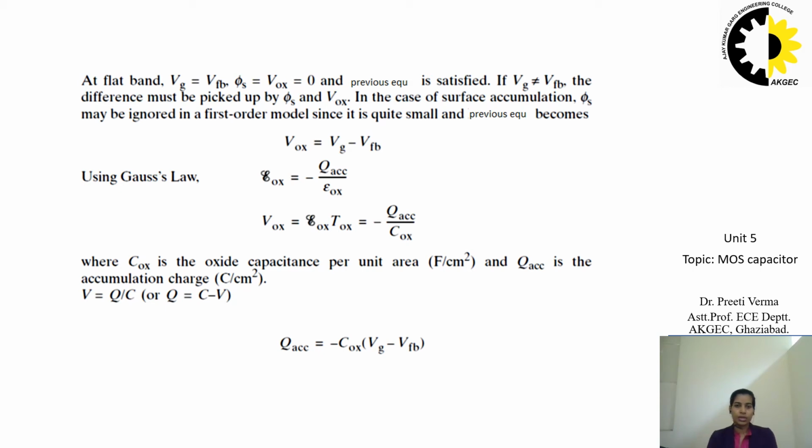The above equation of Vox is the usual capacitor relationship, V is equal to Q by C, or we can say Q is equal to C into V, except for the negative sign. In V is equal to Q by C, the capacitor voltage and charge are both taken from the same electrode.